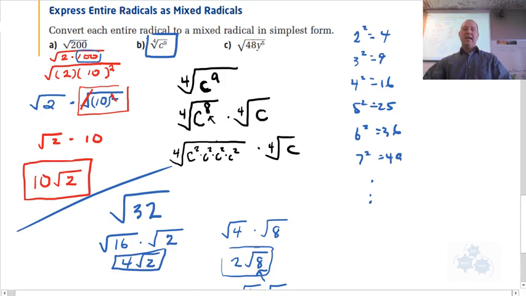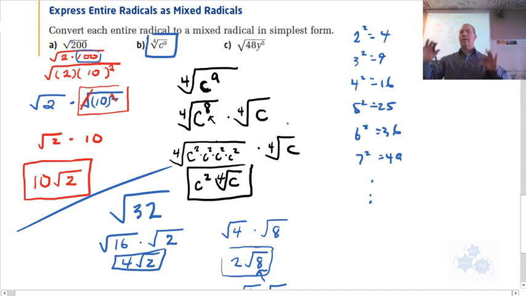So c to the 8 has a perfect fourth root. 2 plus 2 plus 2 plus 2. So 8 divided by 4 is c squared. What times itself 4 times gives us c to the power of 8? The answer is c squared. This is your simplified version. So you might have to split that variable term up.